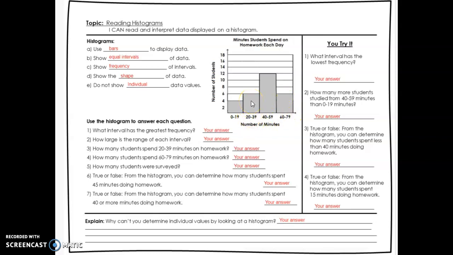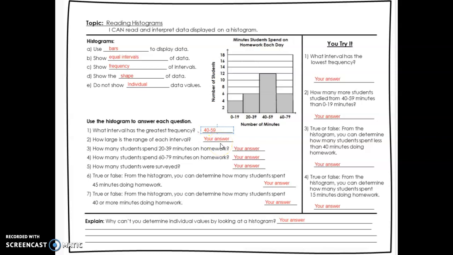So what we want to be able to do is look at a histogram like this one and answer questions. So what interval has the greatest frequency? So the greatest frequency means the most number of data points. So the interval that has that is between 40 and 59.